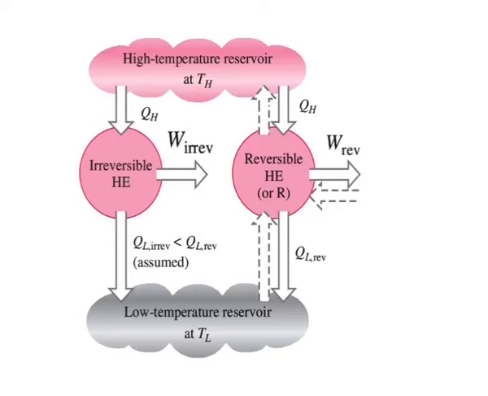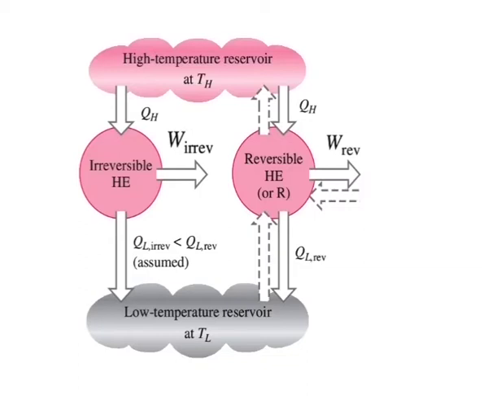The amount of work produced by the reversible heat engine is W reversible and the amount produced by the irreversible one is W irreversible. In violation of the first Carnot principle, we assume that the irreversible heat engine is more efficient than the reversible one and thus delivers more work than the reversible one.